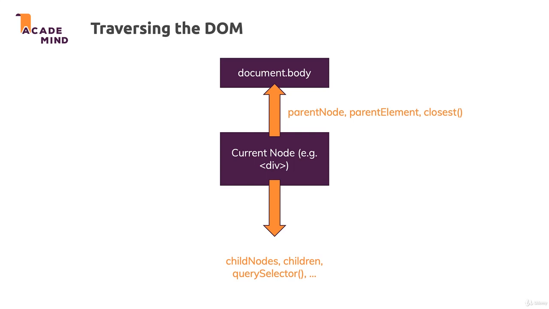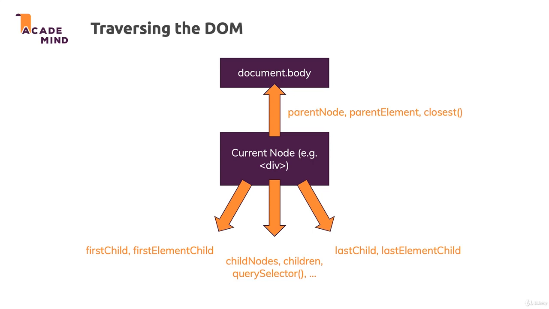Now, there also are special properties you can use to get the first child, which selects the first child node, and firstElementChild to select the first element child node of a given element. And the same is available for the last child node, and the last element child node, which you can select for a given element.